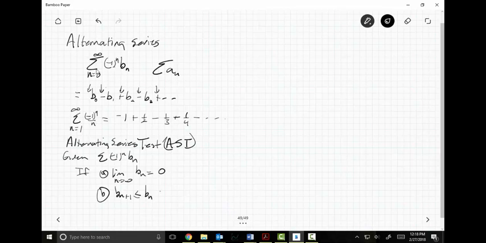In other words, this implies that b sub n is decreasing. If these two things happen, then guess what? The sum of (-1)^n b sub n as n goes from 0 to infinity converges.